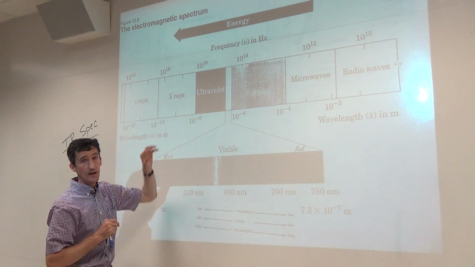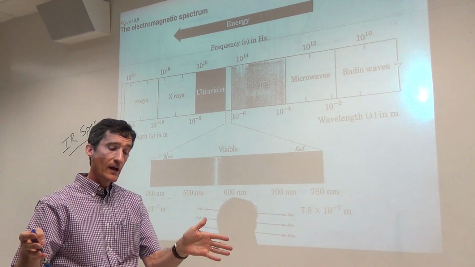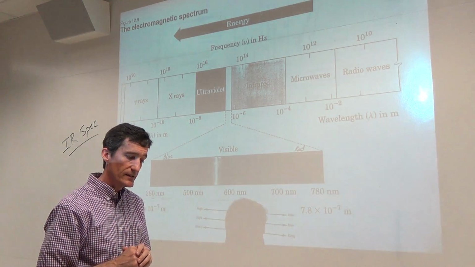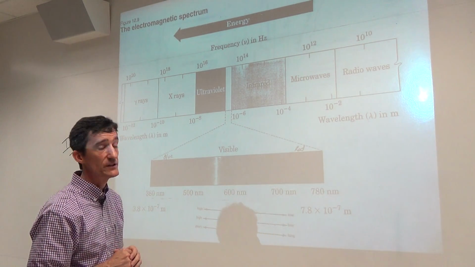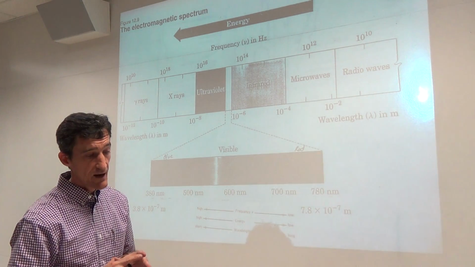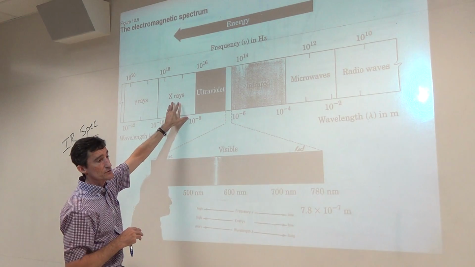X-rays are ionizing; they cause electrons to be lost, forming ions. But the diffraction can give an image, and that image can be interpreted into a structure. Very powerful and amazing stuff, how we can get structures of compounds from X-ray diffraction.